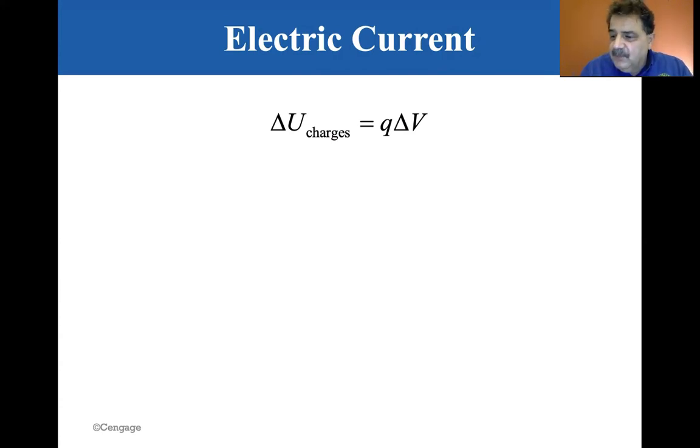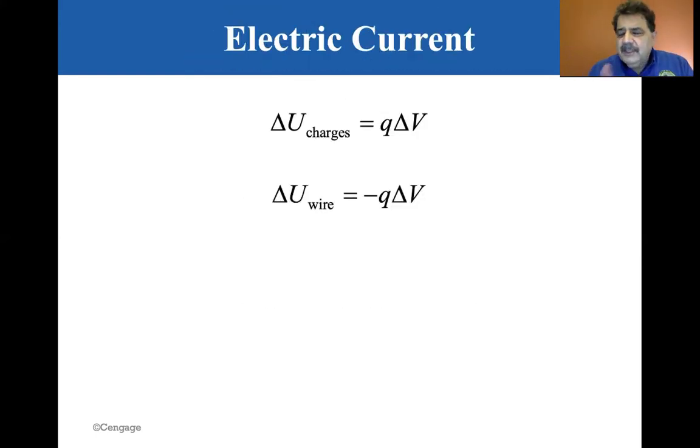So the decreasing electric potential means that the moving charges lose energy according to the relationship delta U of the charges is equal to Q delta V. And the change in electric potential energy in the wire is equal to minus Q delta V. The energy is being deposited in the current carrying wire.